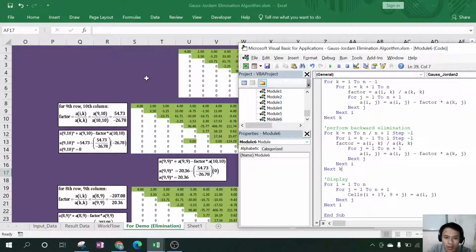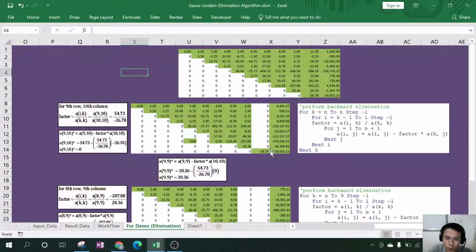First, we try to make this column 0, but not this one. So this is from the ninth row and 10th column. The process is solving the factor, same again, but we're just reversing the process.